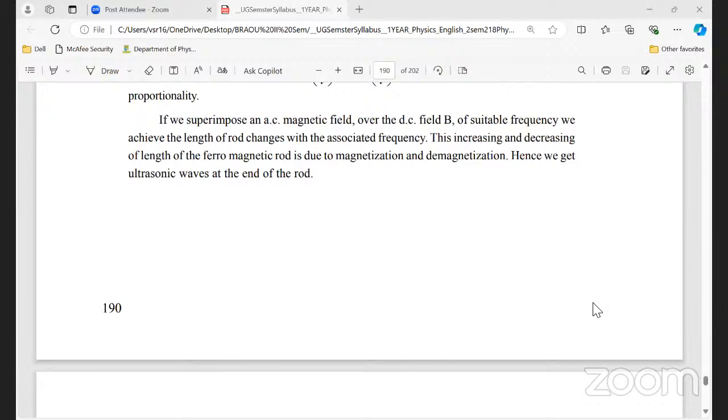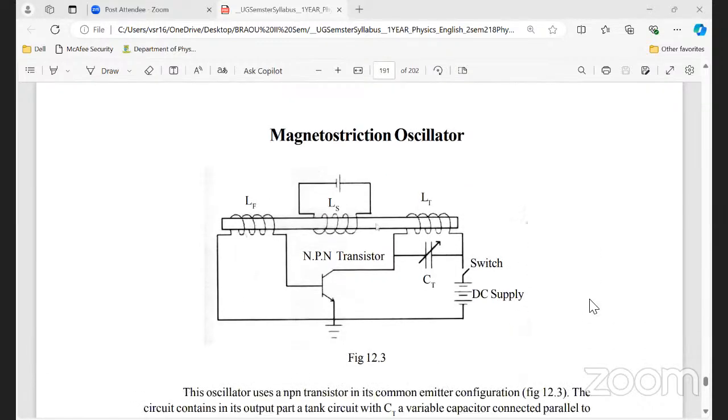Whether the length of the rod increases or decreases depends upon the applied field, capital B. By this increasing or decreasing, magnetization and demagnetization, you can get ultrasonic waves at the other end of the rod. This is the magnetostriction method.